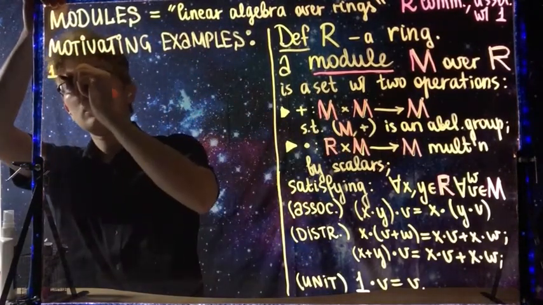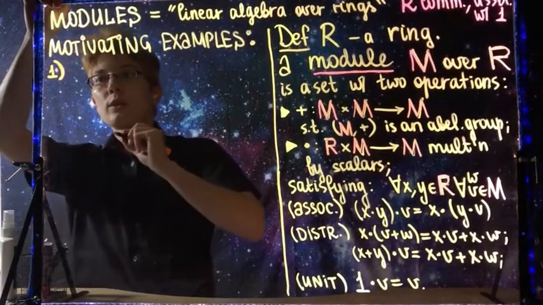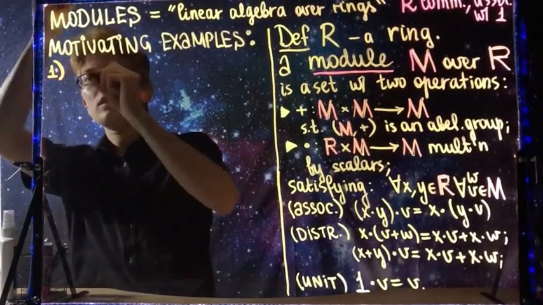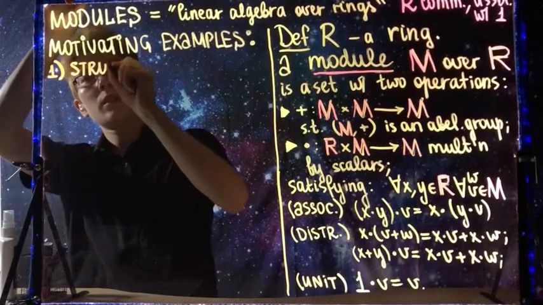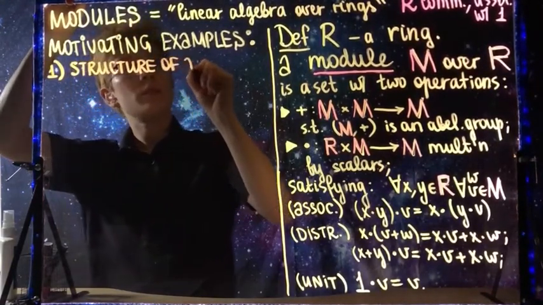So one example that was covered in Algebra 1 is the structure theorem of abelian groups.